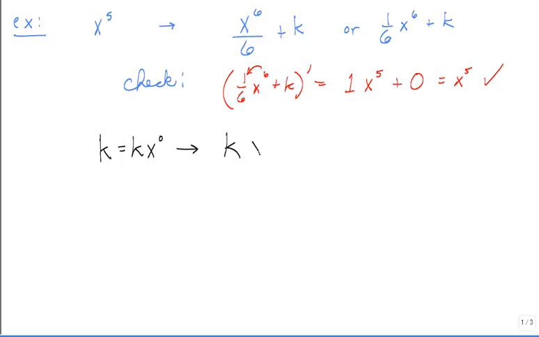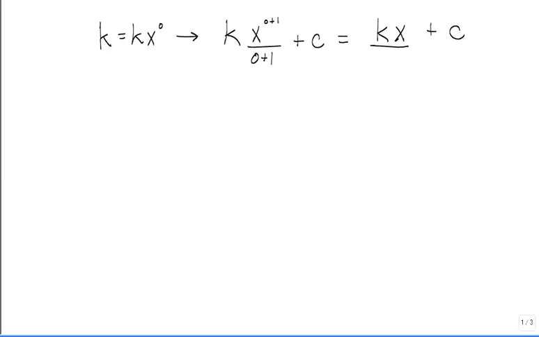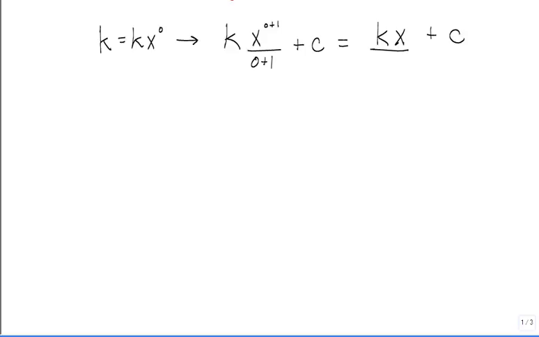So when I add 1, that's 1, and divide by that exponent and add another constant, I'm going to get a constant times x plus c. So the antiderivative of a constant, I just need to multiply it by x, and of course I always add another constant onto it.